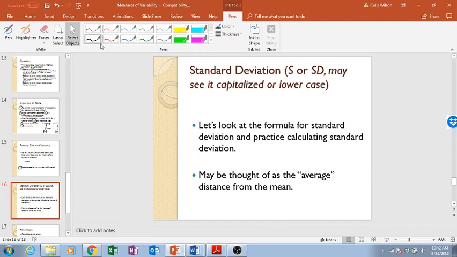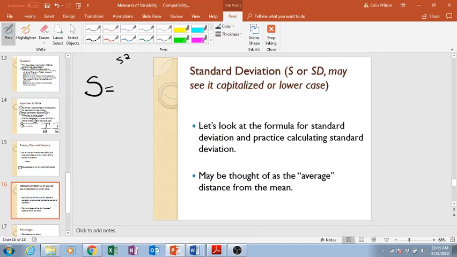All right, so the formula for standard deviation is just S, right? If you remember, variance was S squared. So when we unsquare it to get standard deviation, it makes sense that it just becomes the S. We're going to take the square root of variance.